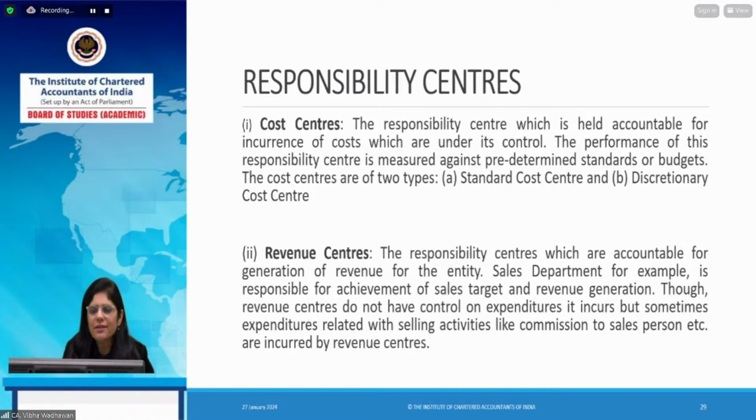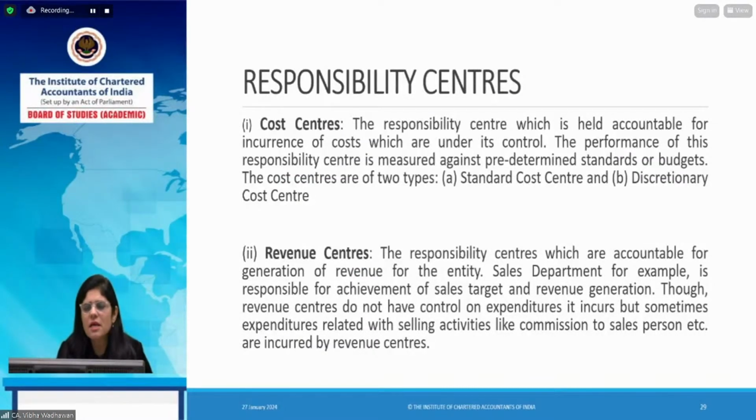So a cost center is where only cost is incurred. No profit, no sales happen there. Only cost. Purchase department is only a cost center. Only cost is incurred there. Cost of purchases. No sales are done by the purchase department. So a cost center is where only costs are incurred.